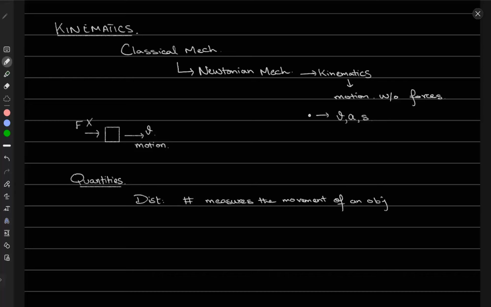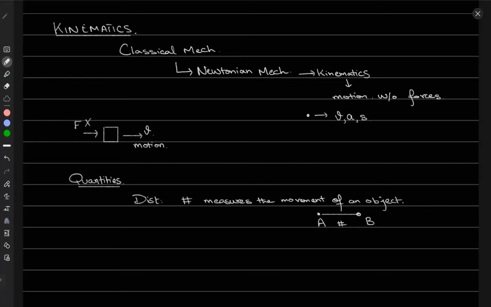So for example, you have an object and it moves from point A to some point B. Now, this number that is associated to this path is really the distance that was traveled by this object.